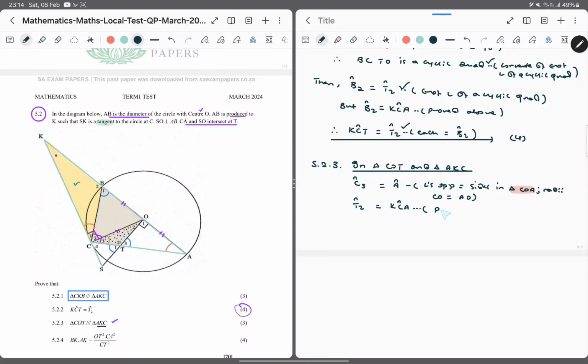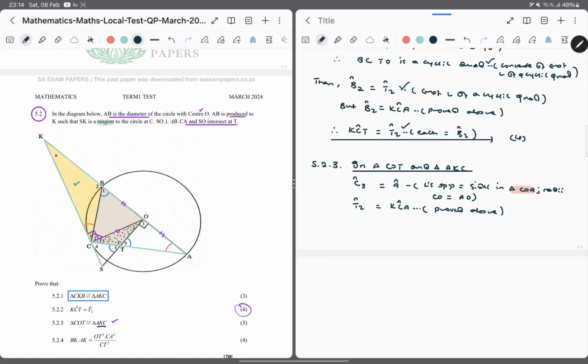Alright, so this is proved above. Although this is an A, it's still part of the same line, so there's not so much punishment. Guys, once we prove two pairs, similarity has been proven because the third pair is going to fall into place, whether we like it or not. That's just the story. It will always fall into place.